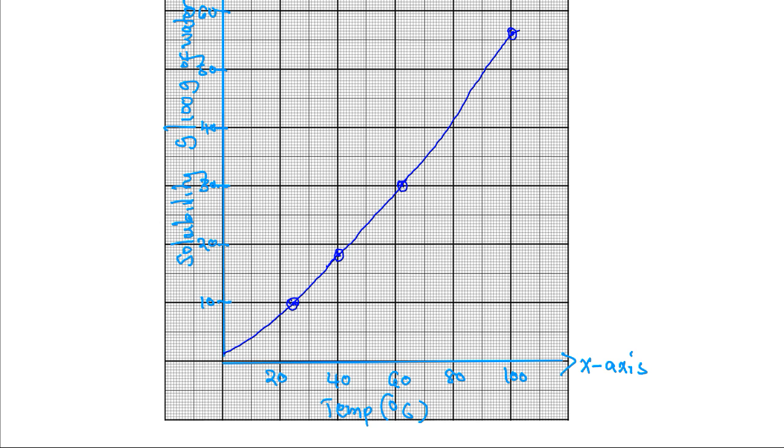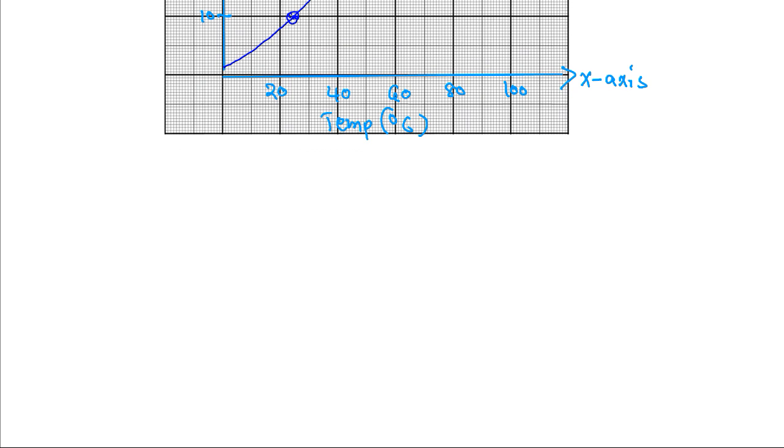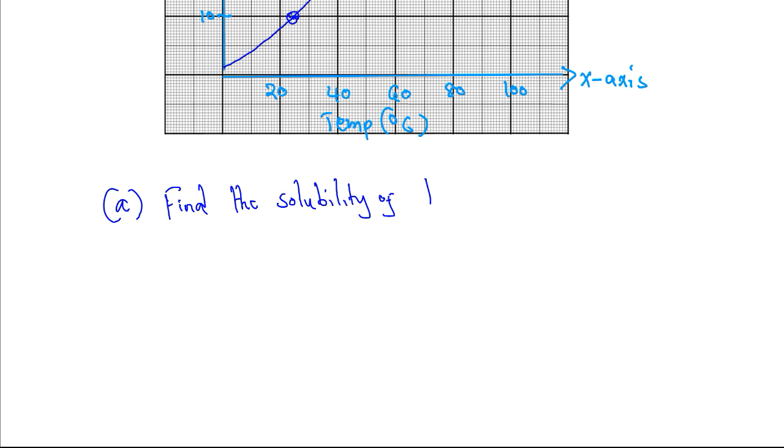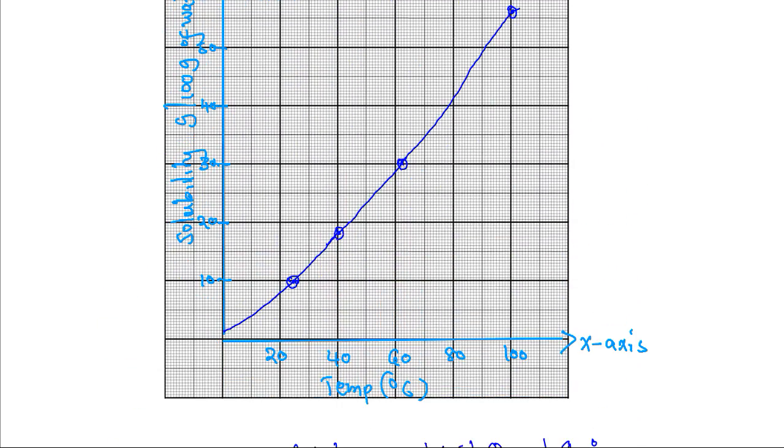Question: find the solubility of potassium chlorate at 90 degrees Celsius. So to answer that question, we get to 90 degrees Celsius, then we draw a line.